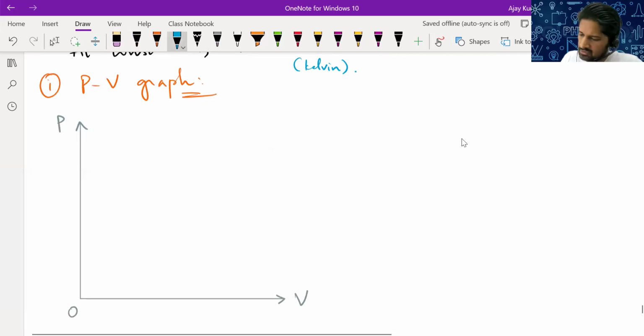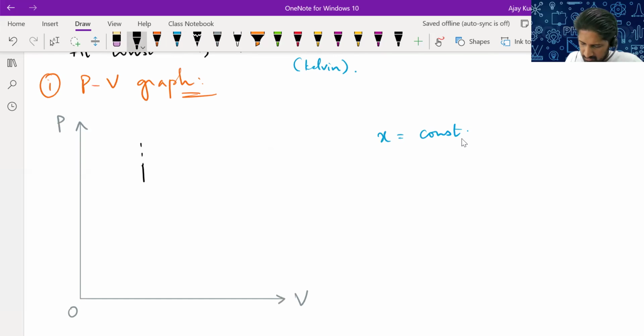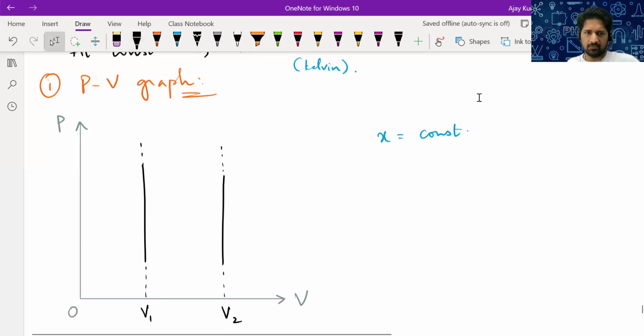So whatever you have on the x-axis is constant. If x is constant, that means the graph is a straight line parallel to the y-axis. Simple. So at constant volume, pressure may increase or decrease depending on what you do with the gas. The graphs will look like this. Let's say this is carried out at fixed volume V1, you get a graph like this. If you carry it out at some other volume V2, you get a graph like this. Quite simple.